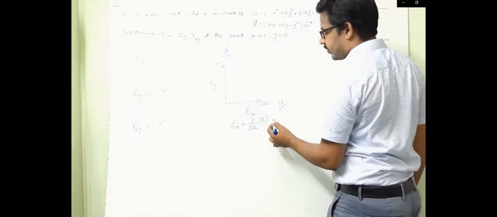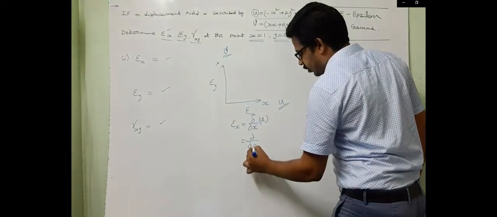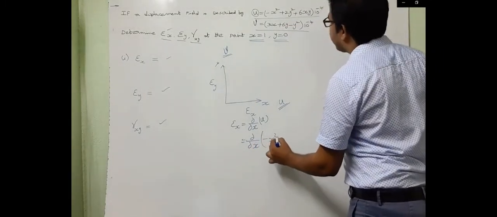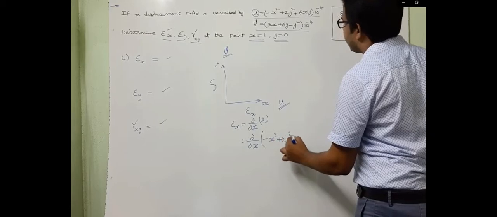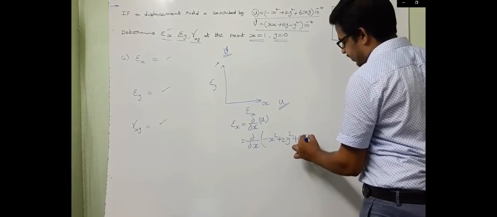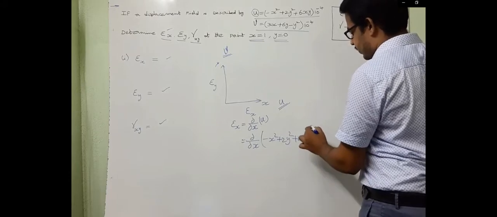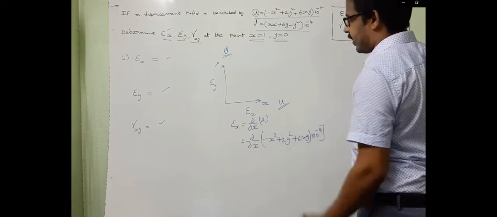What is the u value? U is equal to minus x square plus 2y square plus 6xy into 10 power minus 4.